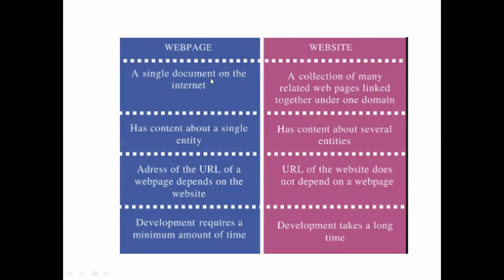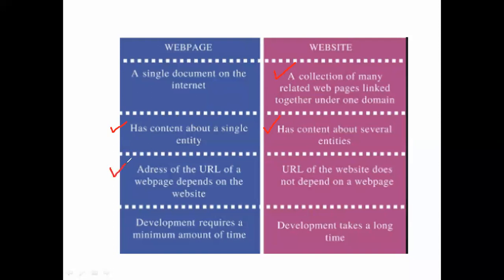A web page is a single document on the internet, whereas a website is a collection of many related web pages linked together under one domain. A web page has content about a single entity, whereas a website has content about several entities.